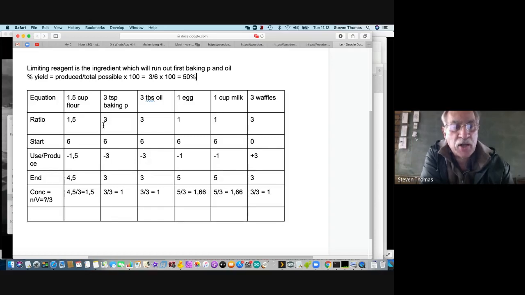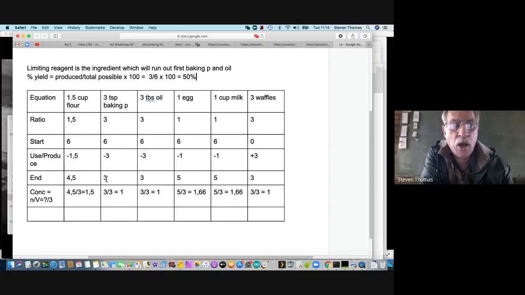So looking at it, we used 3, we had 6, we ended with 3. But that means we can make another batch. The same with the oil. That limits us, because although we've got lots of flour, lots of eggs, lots of milk, these are not our limiting reagents. We can never make more than 6 waffles. I hope everybody sees that.